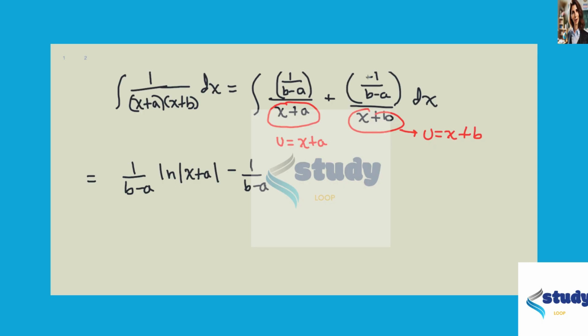The minus is coming from this term up here. And then natural log absolute value x plus b, that's our integration. And then since this is an indefinite integral, we put in a c.